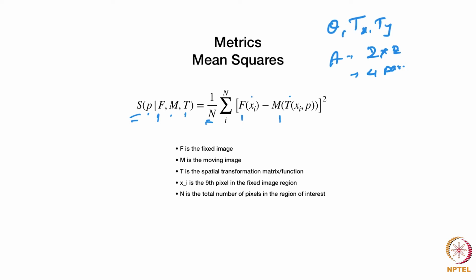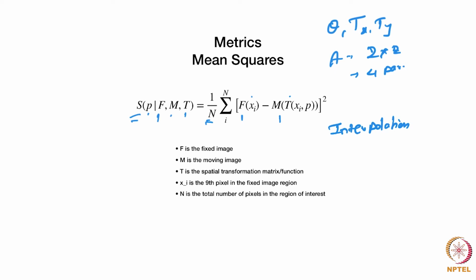Here I've skipped a step, the interpolation step. We will look at this in a later lecture. What happens is, once you do the transformation on xi with this T, it will give you a physical coordinate, but that physical coordinate will not exactly map to a pixel index, so there will be some error there.